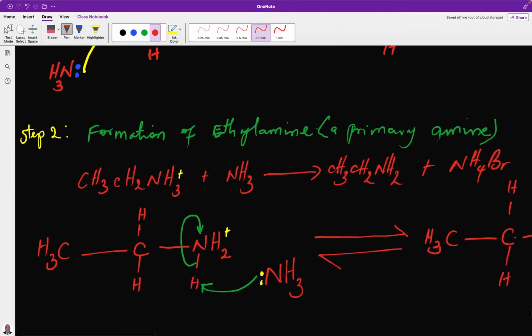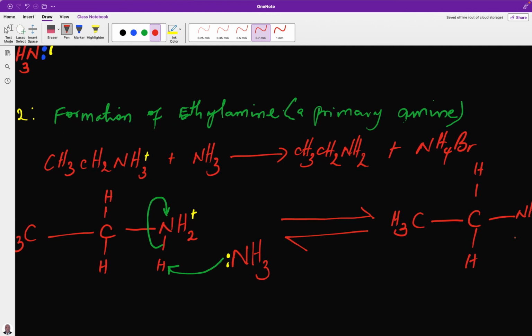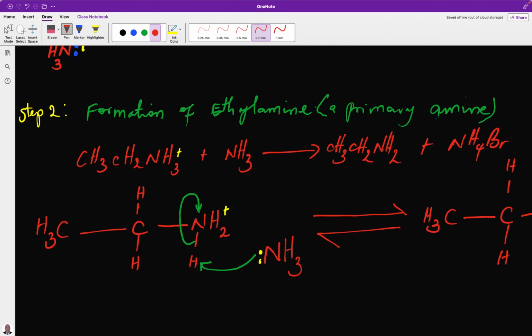Once more, in step 2, formation of ethylamine. The nucleophile is attracted to the positive center here. As the nucleophile approaches the positive center, electrons in one of the hydrogen bonds are being repelled towards the nitrogen.